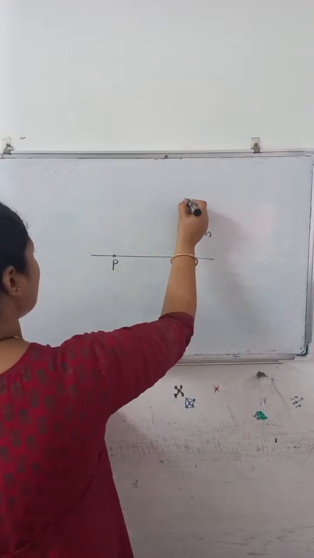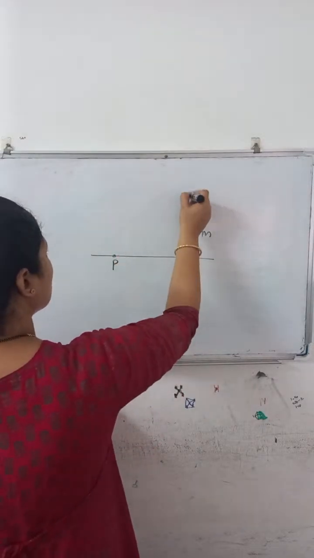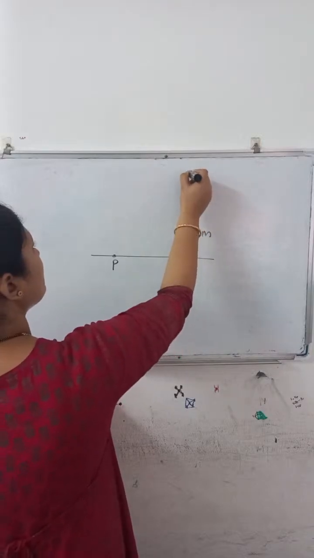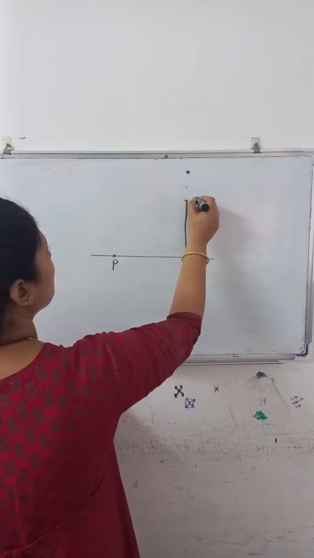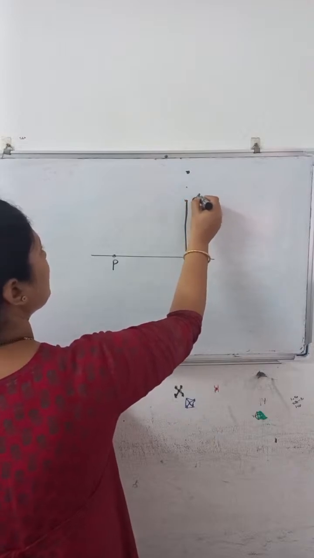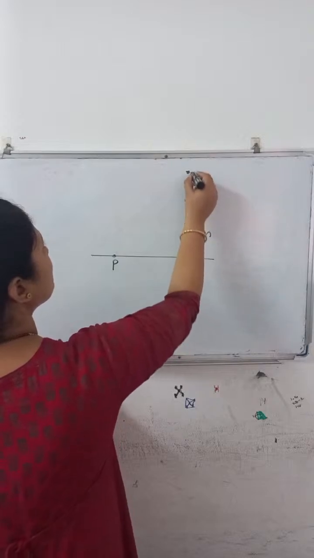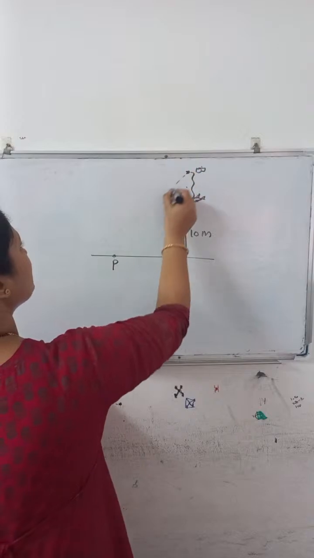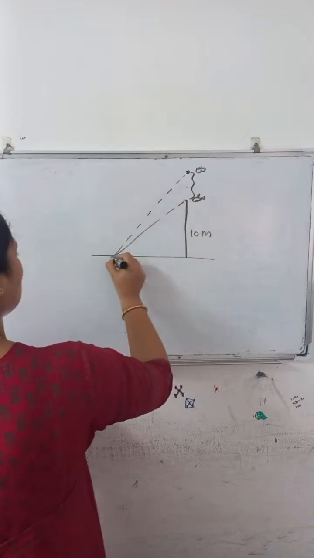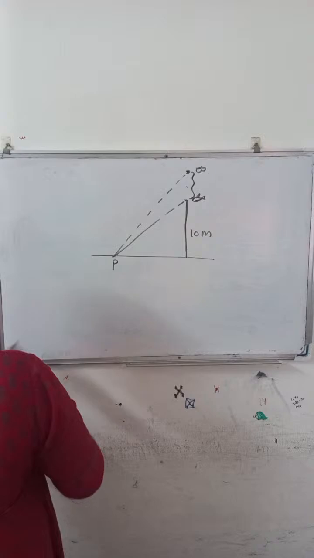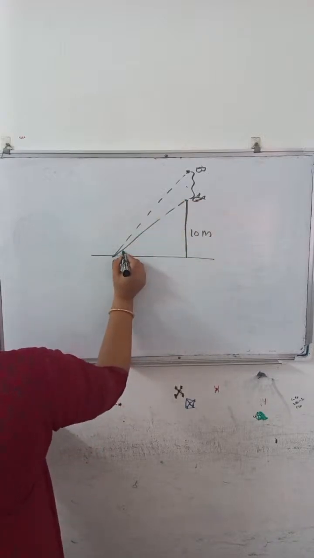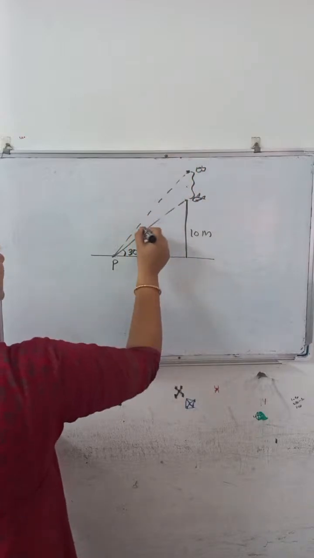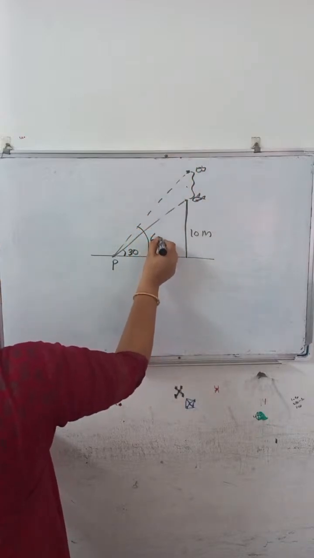Initially it is here, then it comes somewhere here. I will take this helicopter here, and next it will reach somewhere over here. Whenever it reaches here, it makes a different angle. Initially at the top of the tower it makes an angle of 30, and when it reaches a certain height, it makes an angle of 60 degrees.